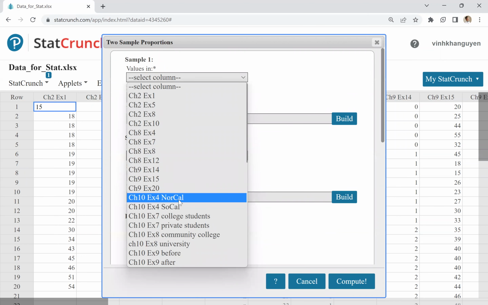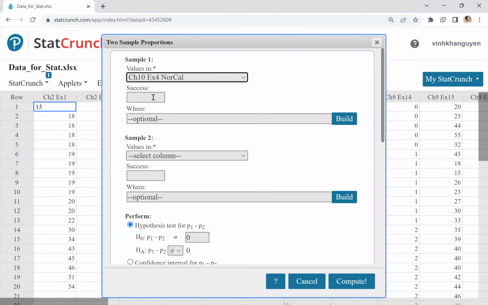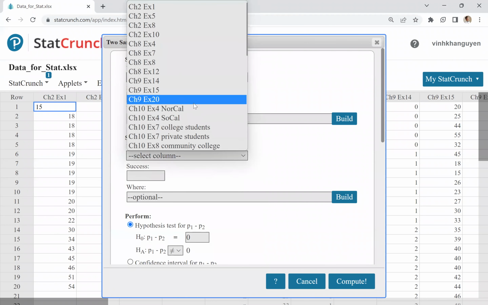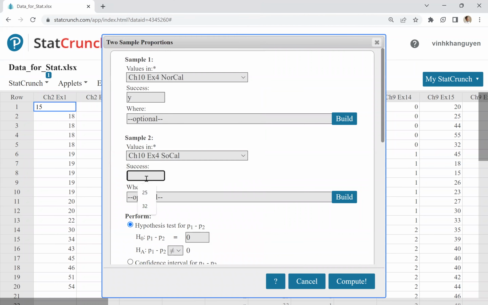Chapter 10, exercise 4, NorCal. Success, yes. Sample 2 comes from SoCal workers. So Chapter 10, exercise 4, SoCal. Success is yes. And the alternative hypothesis is the difference more than 0.